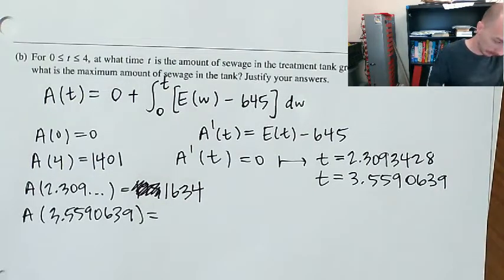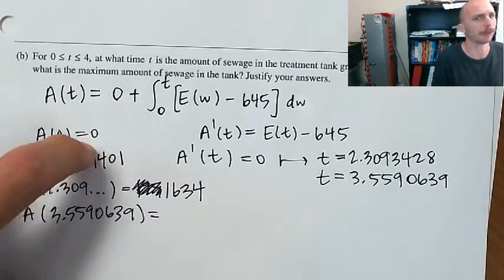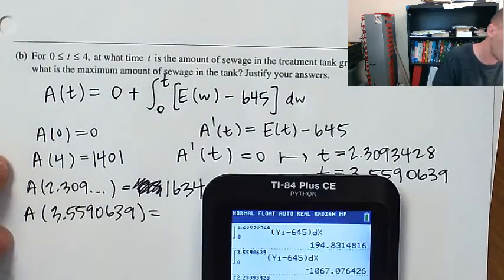1,634, and then the amount at the time right before 4, like I knew it can't really go from negative to positive 1,400. There had to be an explosion of raw sewage, you know, that's not realistic.